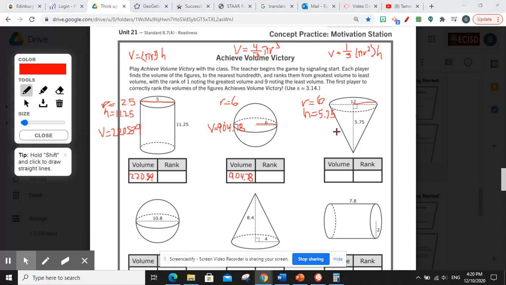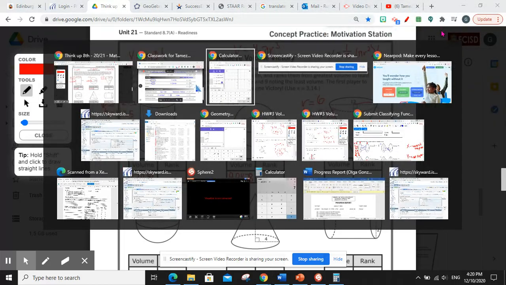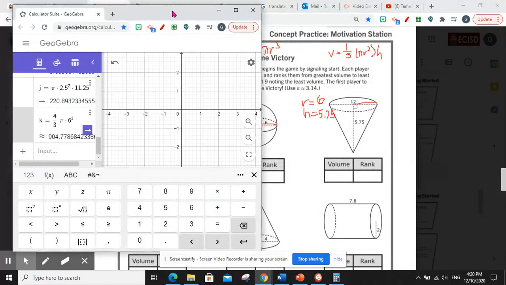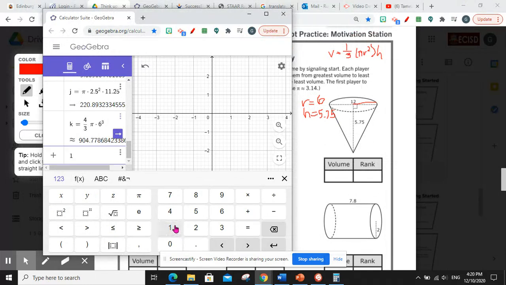And so then I go into my calculator, we move it over here, and let me follow my formula. 1 divided by 3, arrow out, pi, and then my radius is 6 squared, arrow out, times my height, which is 5.75. Enter, and I get 216.769. I'm going to round it up to 77.